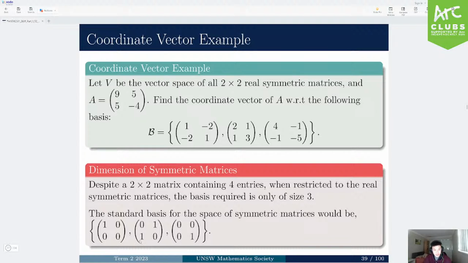Okay, and the reason is because we can represent the 2x2 symmetric matrices using only 3 elements here, where we have 1 0 0 0, 0 1 1 0, and 0 0 0 1. Okay, and this set here is obviously linearly independent, and it obviously spans the set of symmetric matrices. Okay.